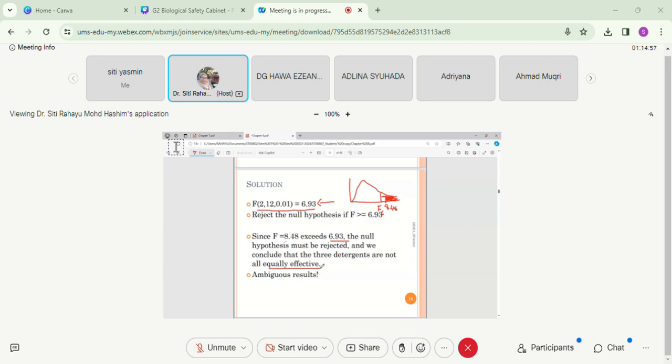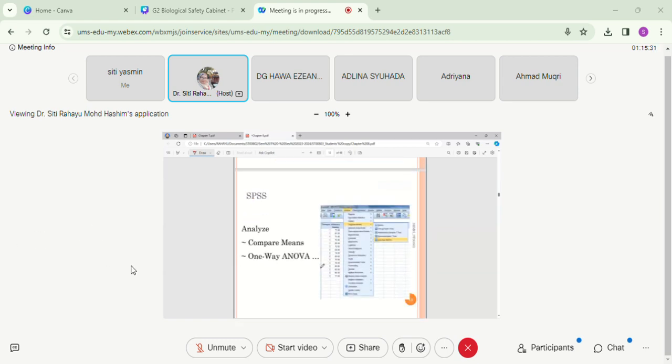Because we need the conclusion to be more informative. So we need to perform the post hoc multiple comparison in order to find out which detergent is the best in terms of the whiteness readings. If the whiteness reading is higher, it means that the detergent is more effective.